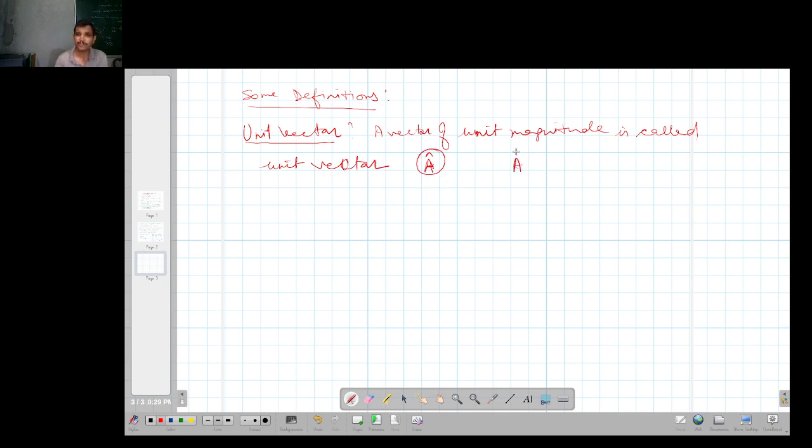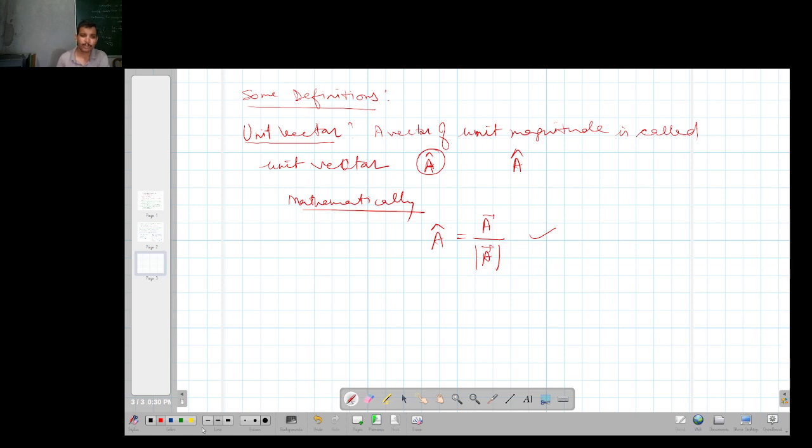Means we put a cap over the vector. So mathematically, when a vector is divided by its magnitude, it is known as the unit vector.